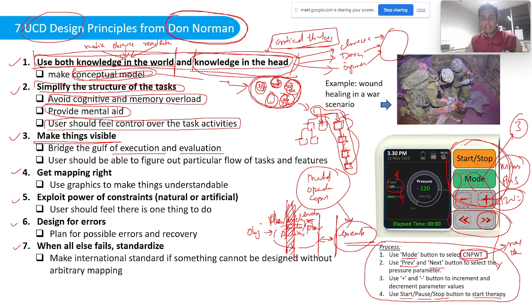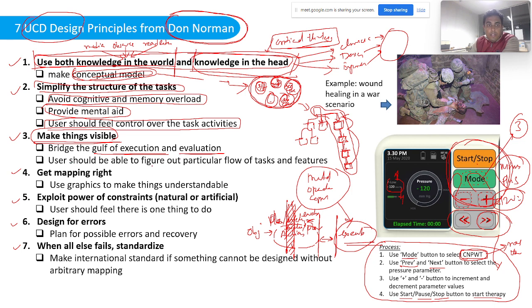It's not trial and error, like you first place a certain mode and then start, oh no, it's not working, let's change. That may not happen in these kinds of applications. So that's why it says make things visible. That means make it easy, bridging the gulf of execution and the gulf of evaluation.